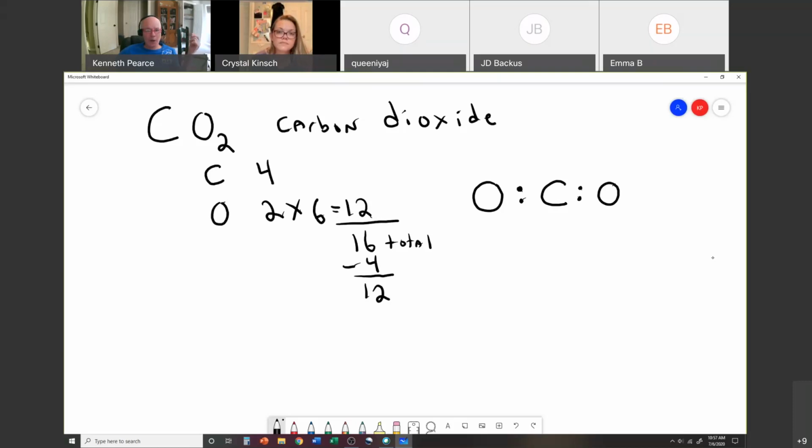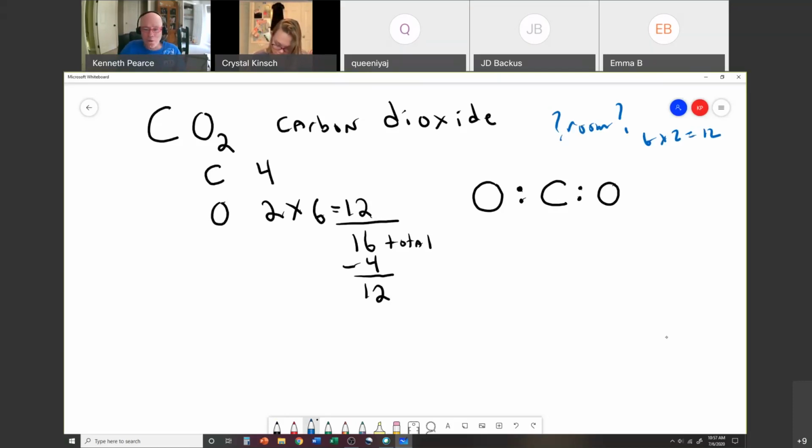If I've added them up right, have I added them up right? Okay, I'm good so far, right? Adding and subtracting is a skill here. So now, how much room do I have left? Well, there's room for 6 on each one, and 6 times 2 equals 12 electrons. That's how much we have room for, right?